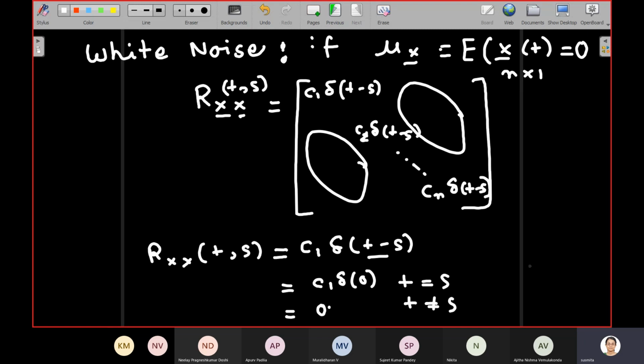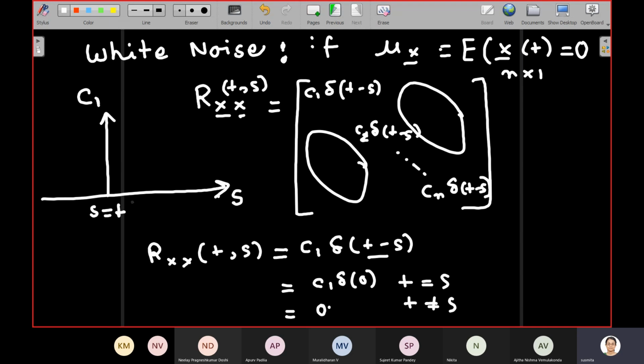So if we plot the autocorrelation function, let's say against s, we have an impulse or delta function whose scale factor is C1 when s is equal to t. Elsewhere it is 0.